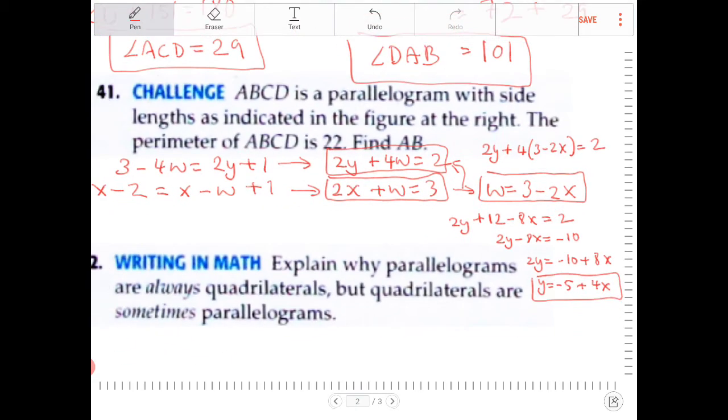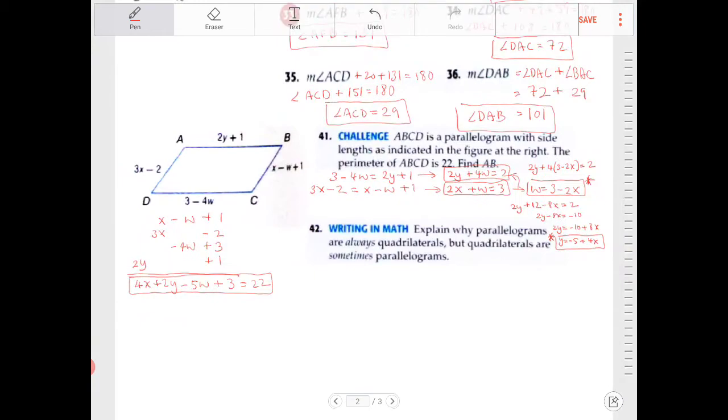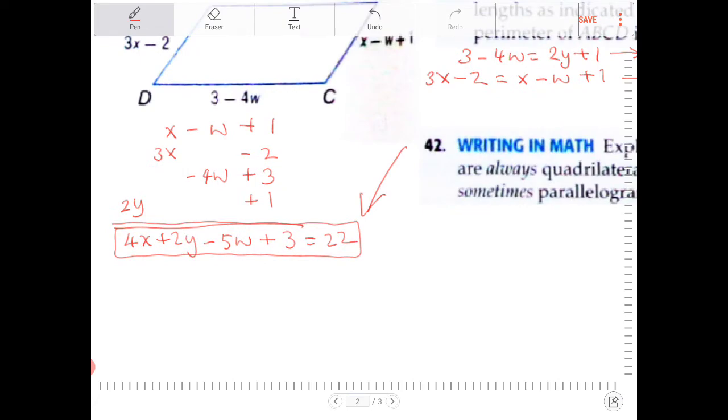Now I'm going to take these two things, the ones I'm starring here, and substitute them directly into this equation so that I'll have one equation with one unknown. So 3 minus 2x is w, right?